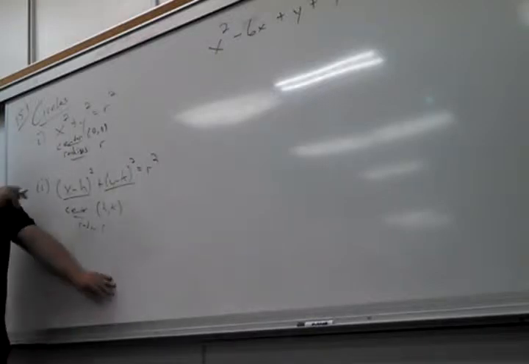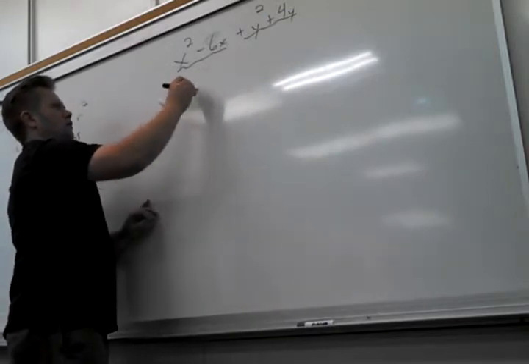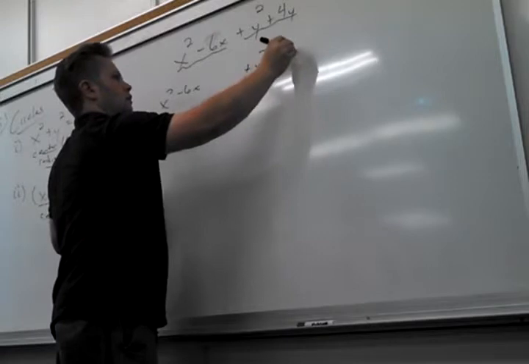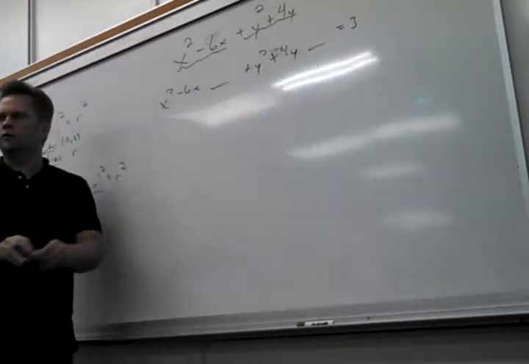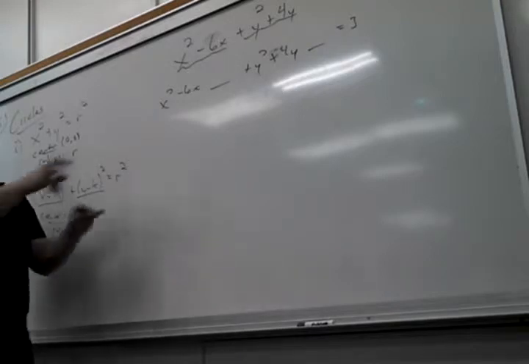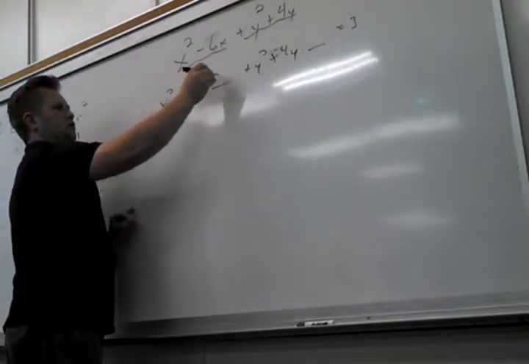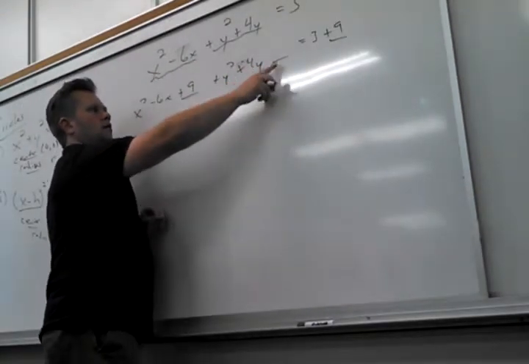Put it together. So here I want to complete the square. There I want to complete the square. So now I just have to figure out what goes there and there. So what goes here for this? 9. Good. Half of negative 6 is negative 3, squared is 9. 4.